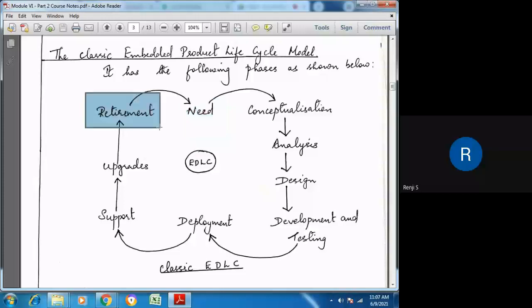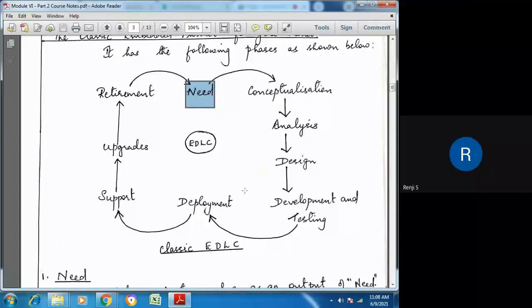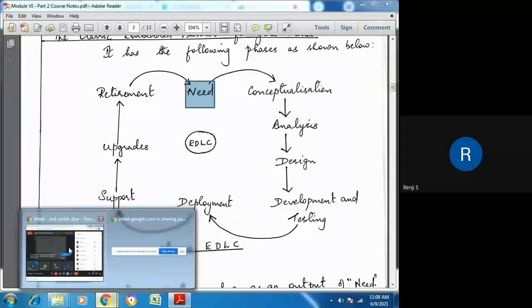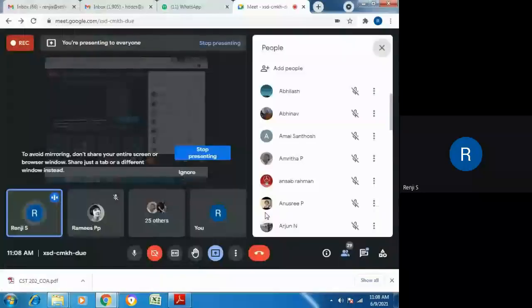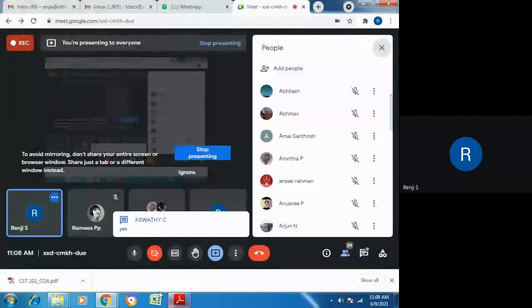Nobody will start using it. And then again, we go for a new need, and a new conceptualization phase goes on. This goes on. Okay. Is it clear?